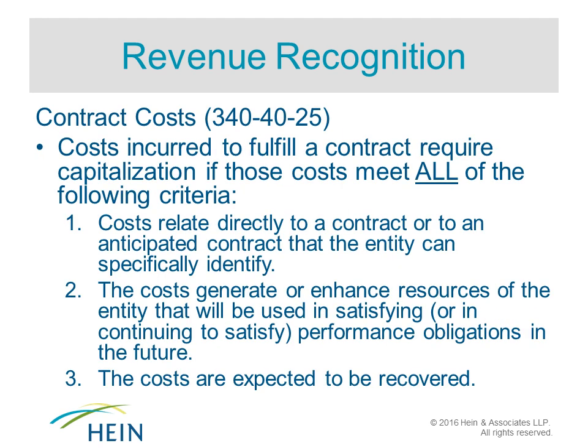Costs specifically related to fulfilling the contract require capitalization if all of the following criteria are met. First, costs relate directly to a contract or to an anticipated contract that an entity can specifically identify. So that's direct labor related to setup activities, potentially. Second, the costs generate or enhance resources of the entity that will be used in satisfying or continuing to satisfy performance obligations in the future.